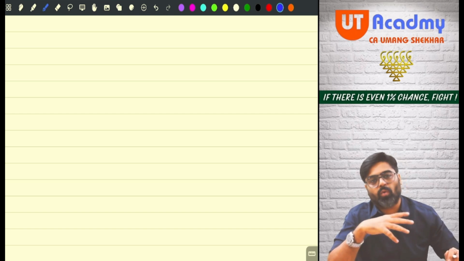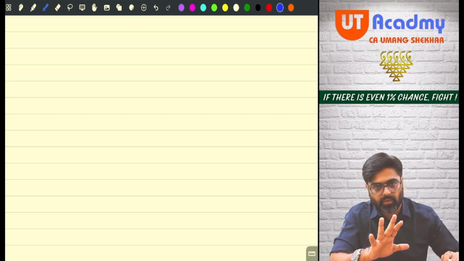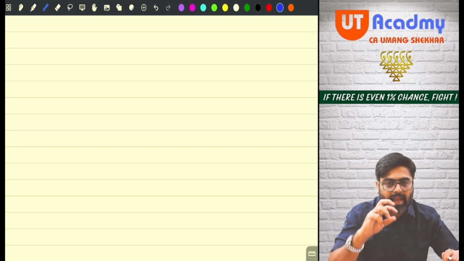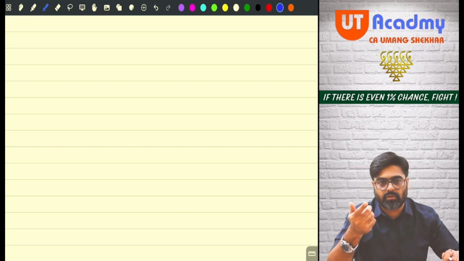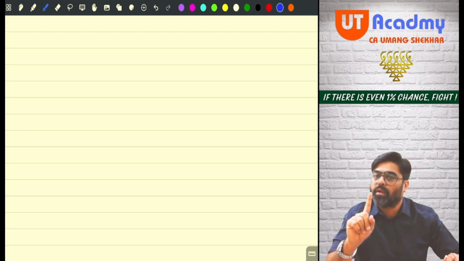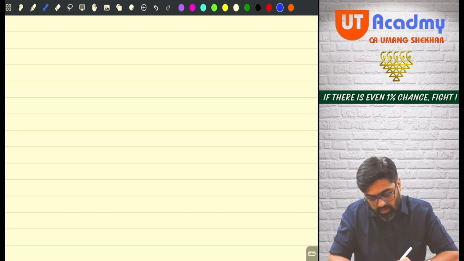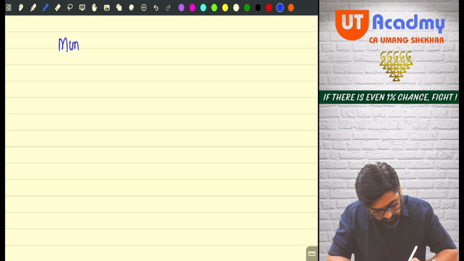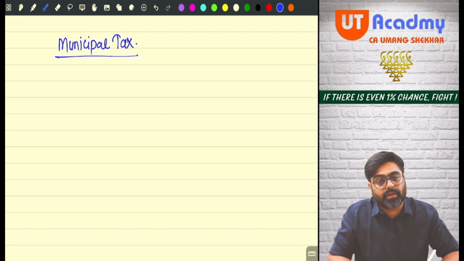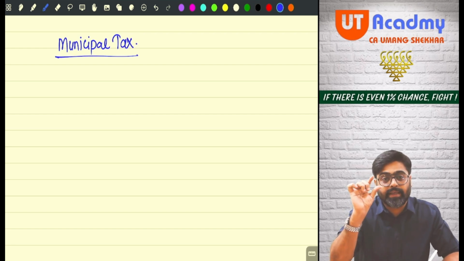So once I calculate the annual value of any property, then from that annual value, I get the deduction for municipal tax. Which tax? Municipal tax. Please pay attention here, the municipal tax I will claim as a deduction from the GAV.